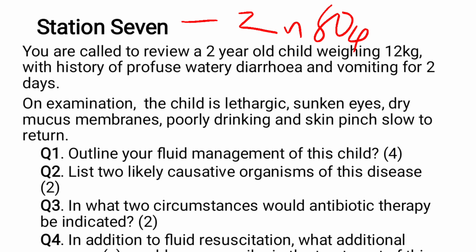The other thing is you encourage the mother to continue breastfeeding if the child has not been weaned off, because some even reach up to 2 years without being weaned off. But if they have been weaned off, then it's okay; you don't have to encourage breastfeeding. You just encourage oral hydration.